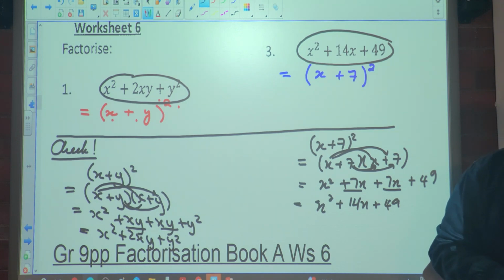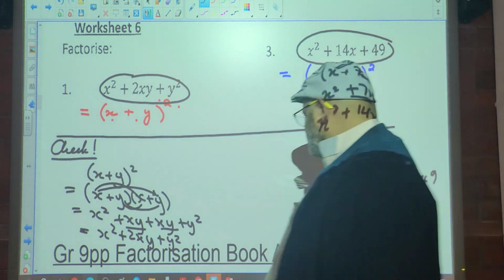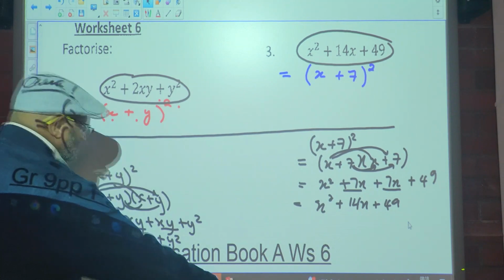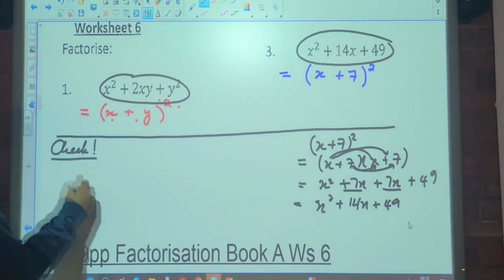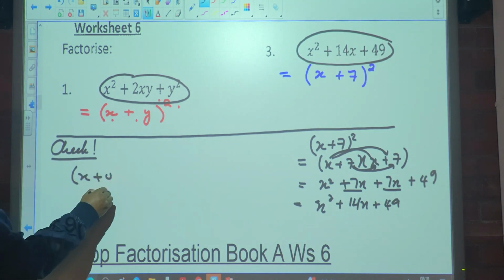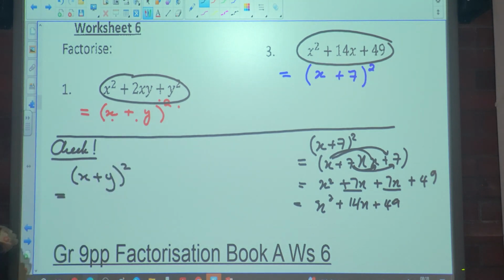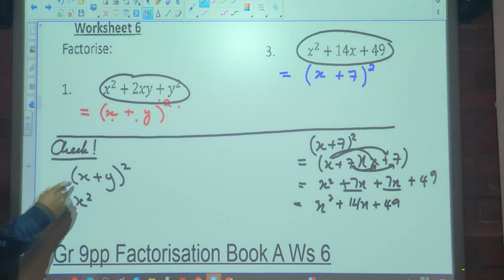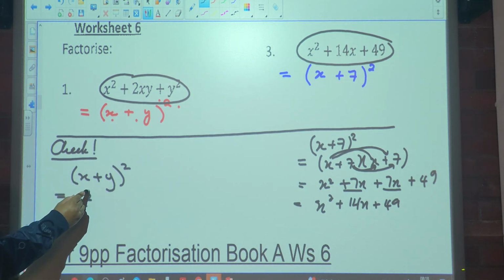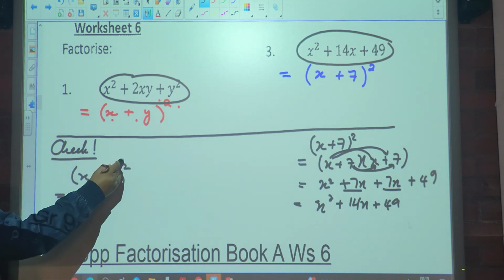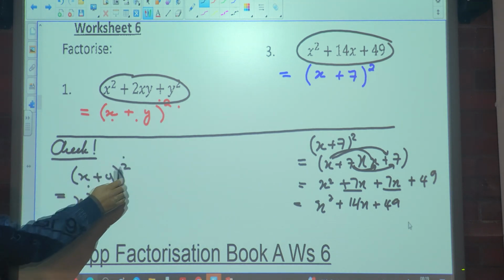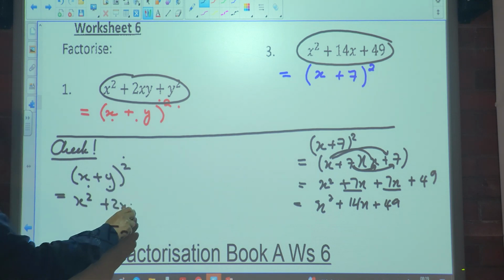You guys understand? The binomial square method. You got x plus y all squared. What's the rule? Who can remember the rule? Square the first term, yes. So I get x squared. Then the first term times the second term times 2. So x times y times 2 is 2xy.